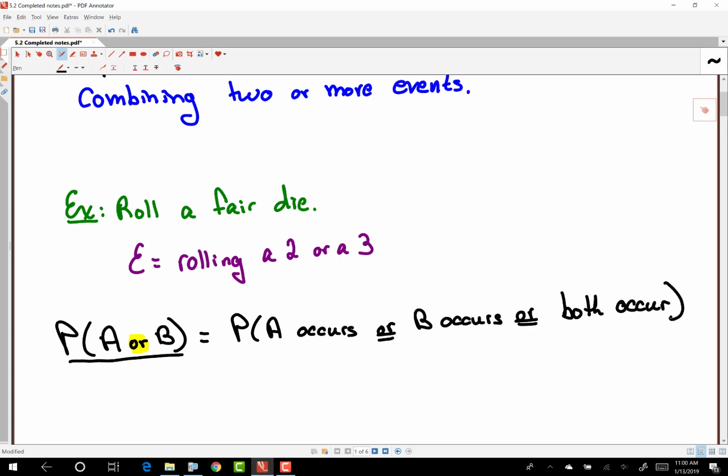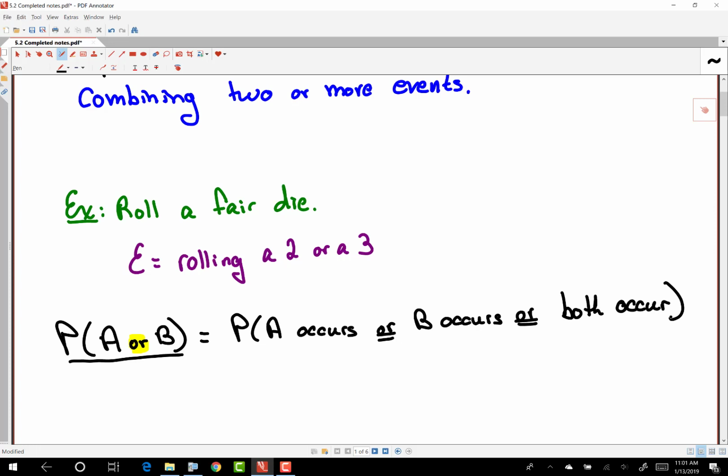And we'll be distinguishing between "or" probabilities and "and" probabilities. An example that I like to use to help students see the difference is, imagine that you're reading the want ads in a paper or a journal or something. And the ad says that you need a college degree or 5 years experience. Well, let's compare that to if the ad said you need a college degree and 5 years experience.